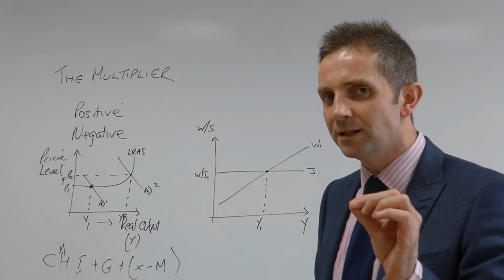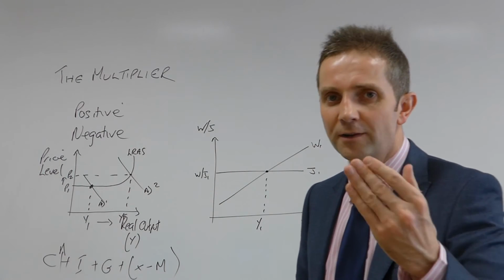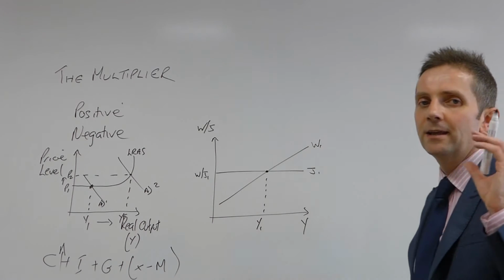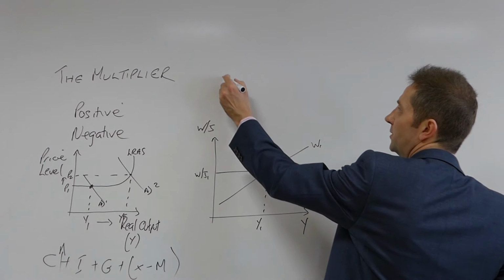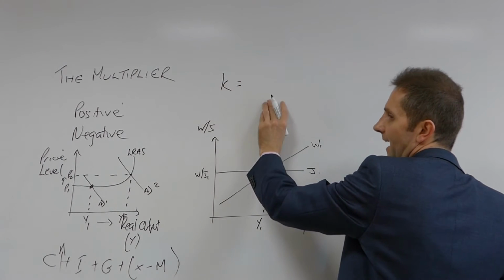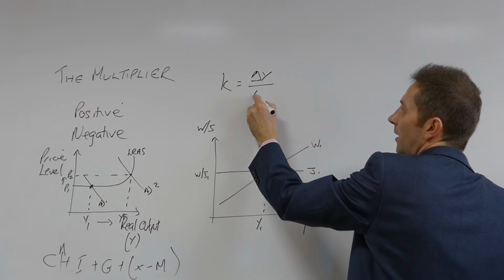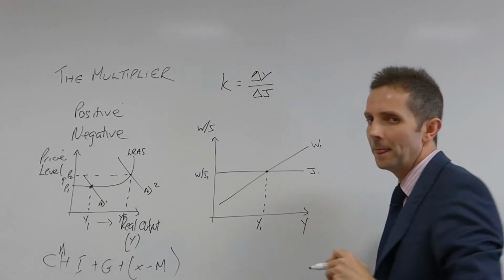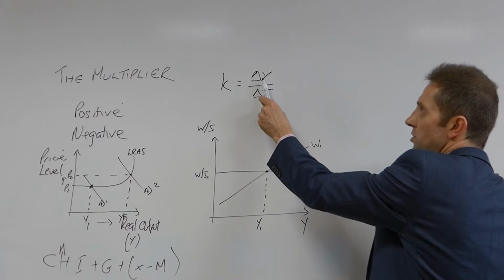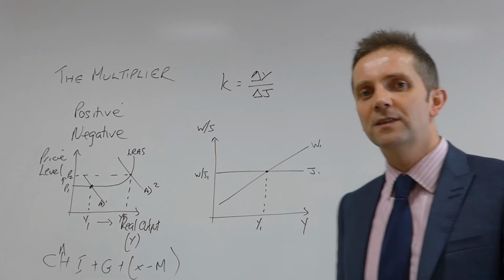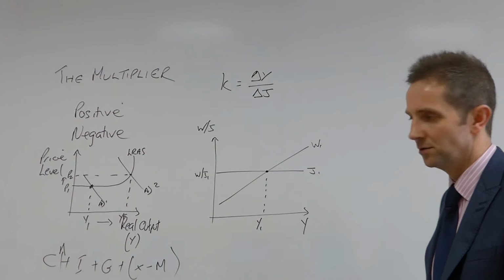Now, if you really wanted to go to town and explore this in a little bit more detail, you could do the following. I have done this with my students. So you could first of all say that the equation for the multiplier, the abbreviation is K, is delta Y over delta J. In other words, it's the change in national income divided by the change in the size of the injection, J for injections.